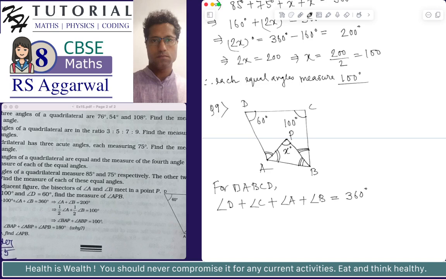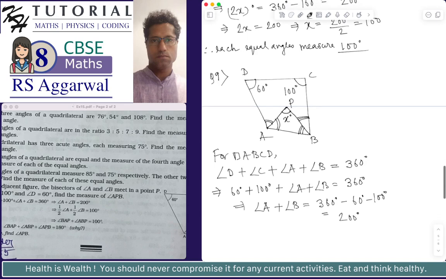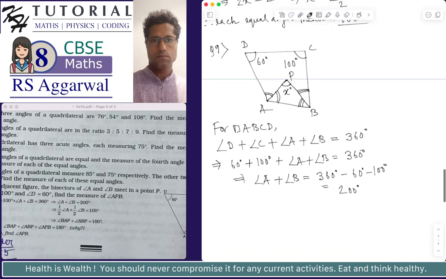Now this implies angle D is given to be 60 degree, angle C is given to be 100 degree. So this implies angle A plus angle B is equal to 360 degree minus 60 degree minus 100 degree, which is equal to 200 degree. Okay, so angle A plus angle B is equal to 200 degree.